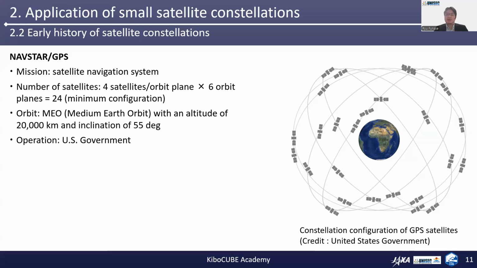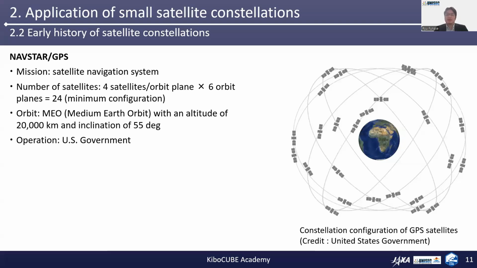The orbit of the satellite is MEO, medium Earth orbit, with an altitude of about 20,000 kilometers and an inclination of 55 degrees, and is designed to cover the entire mid-latitude region except for the polar regions in the southern and northern hemispheres. The orbital period is approximately 12 hours, and each satellite passes over the same location twice a day.